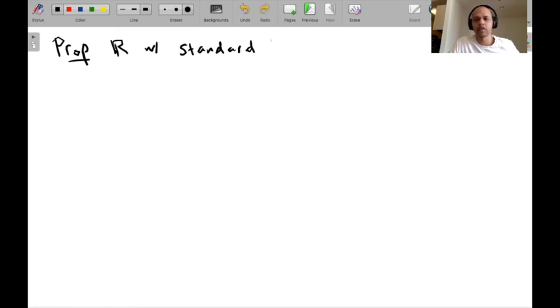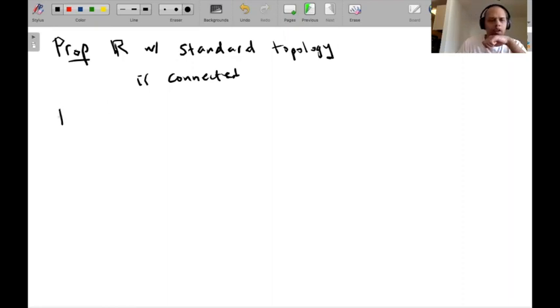A remark about this: connectedness is a topological property.